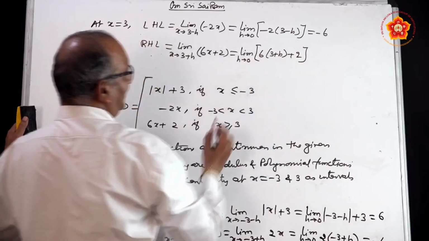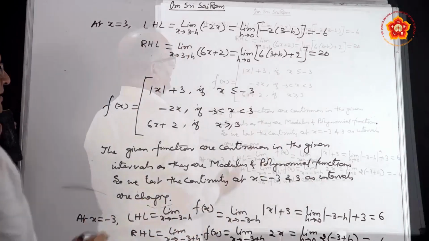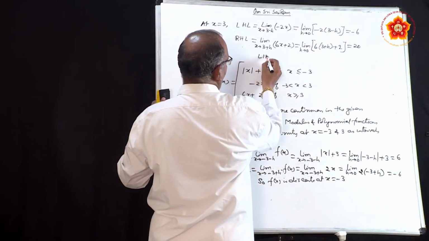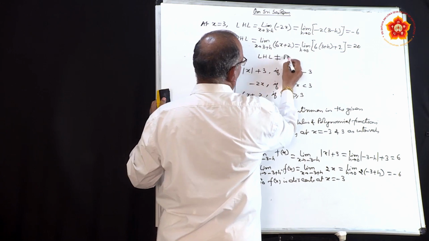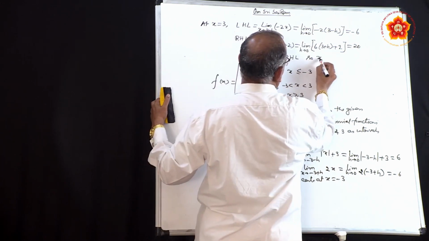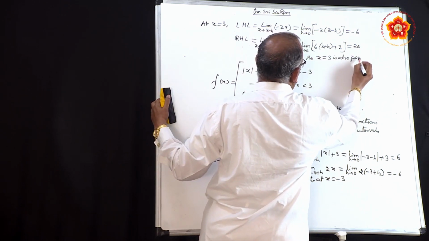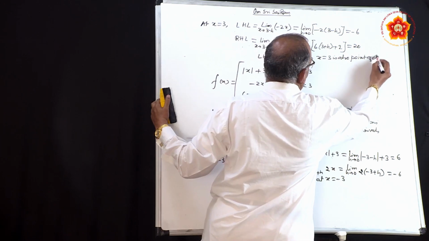You get 6 3s are 18, 18 plus 2 equal to 20. Here also you find the left hand limit is not equal to the right hand limit. So x equal to 3 is also a point of discontinuity.